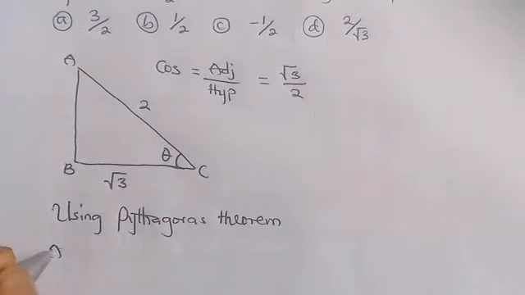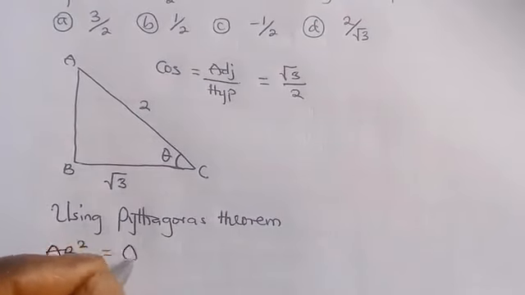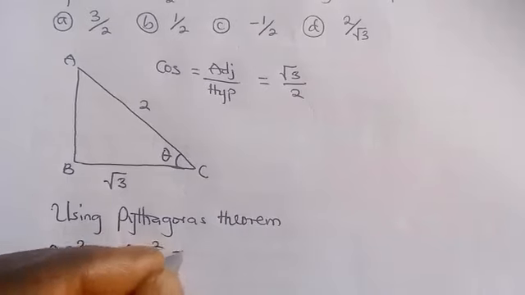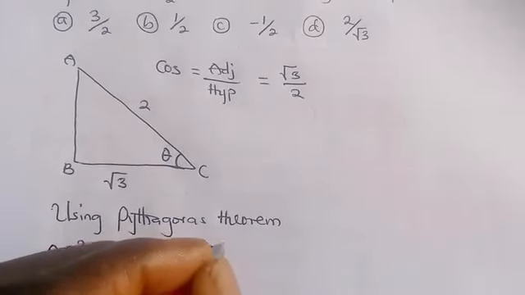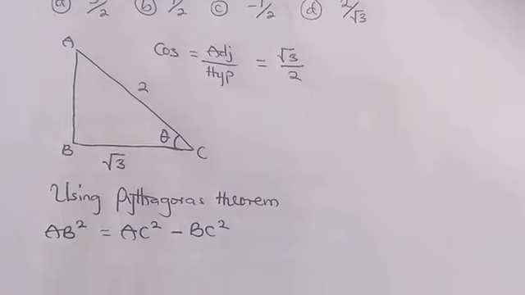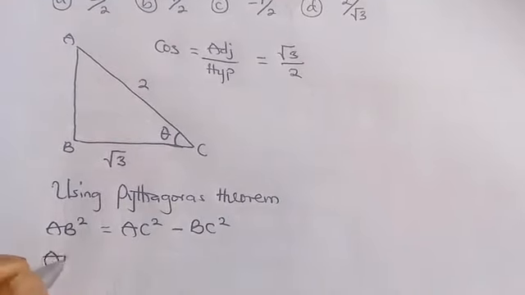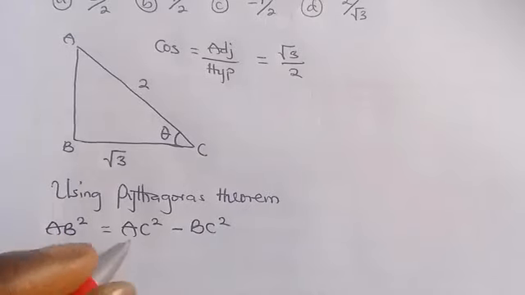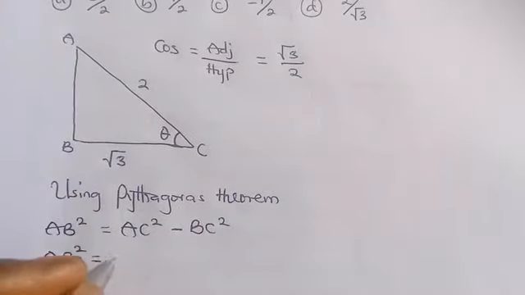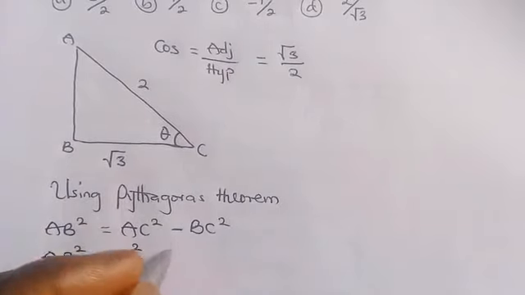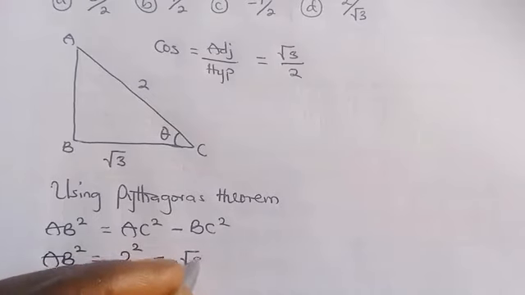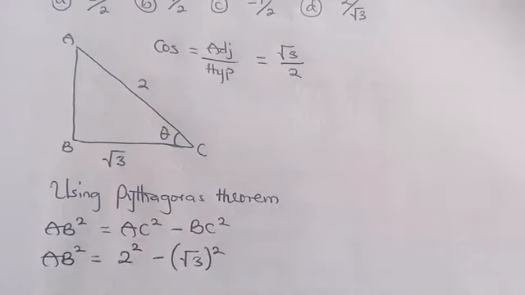That is, AB squared is equal to AC squared minus BC squared. AC squared will be 2 squared, while BC squared will be root 3 raised to the power of 2.